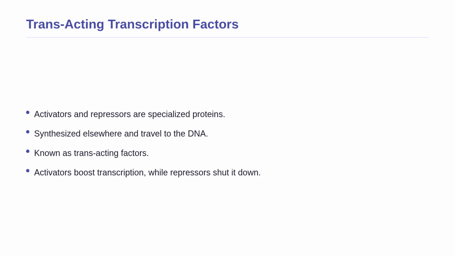While the control panels are built into the DNA, the feet that press them are separate molecules. Activators and repressors are specialized proteins known as transcription factors. Unlike the DNA sequences we just discussed, these proteins are synthesized elsewhere in the cell and must travel to the DNA to do their job.